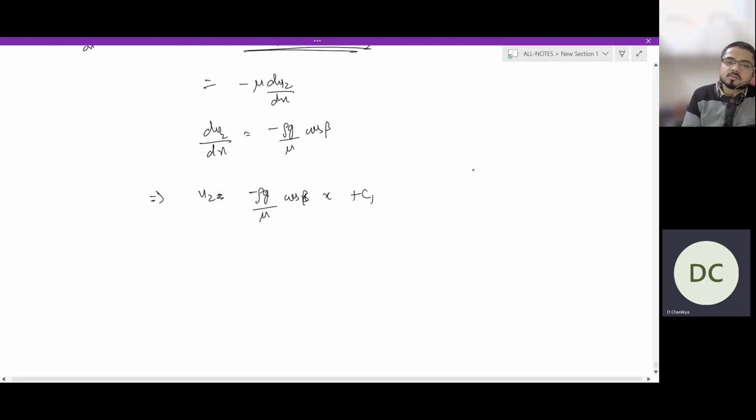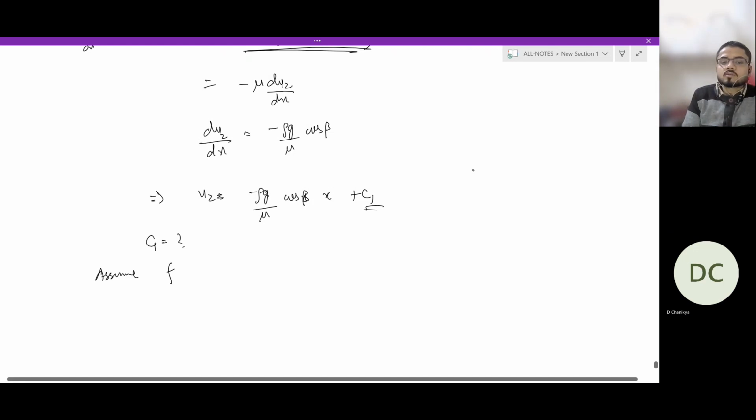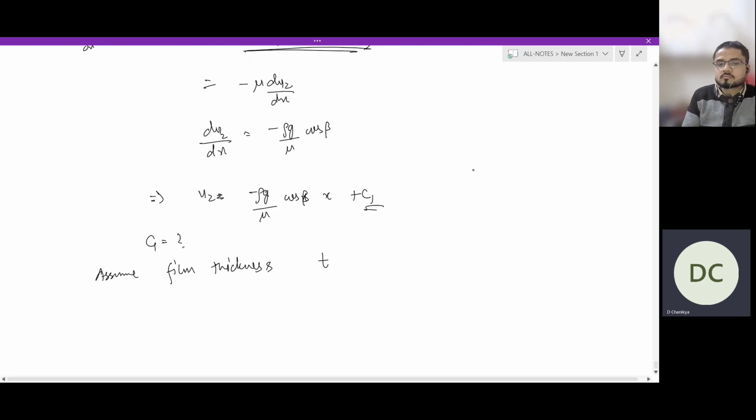Okay, since this part is clear, now we need to find out c1. Now assume film thickness as TF.